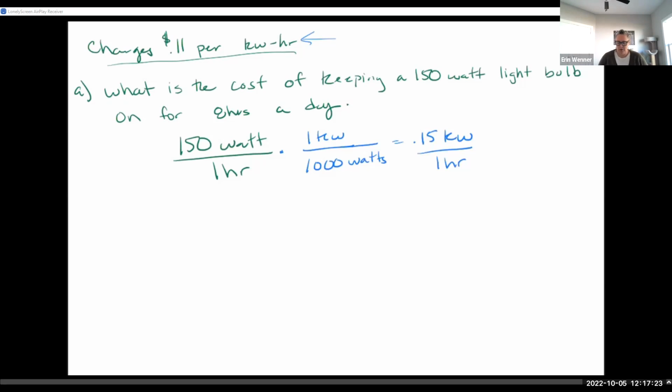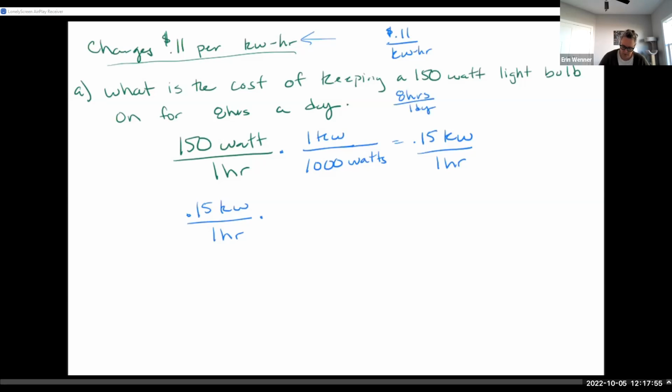So we don't care about the price for 1 hour, we care about the price for 8 hours. So we're going to take our bulb and multiply it by our conversion factors. We have two of them. One is 11 cents per kilowatt hour, and the other one is 8 hours in 1 day.